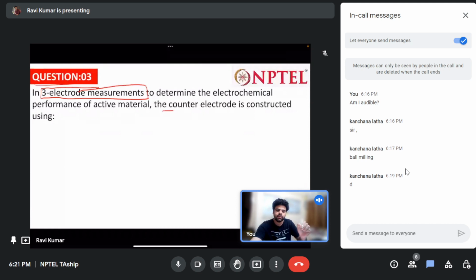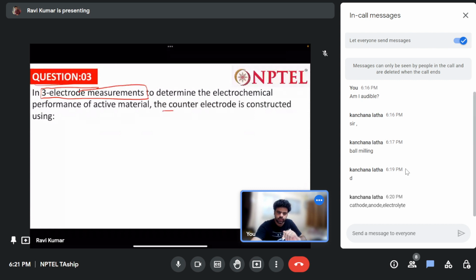What are the names of the other 2 electrodes? Cathode, anode, electrolyte? No, those are the components of the battery.